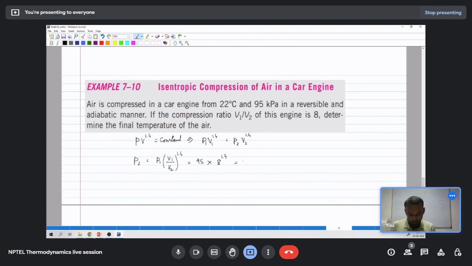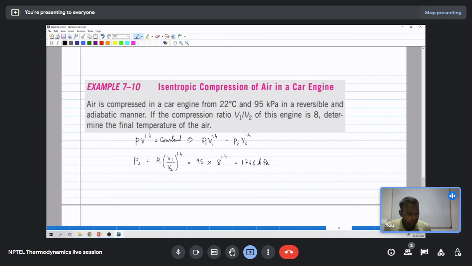So that is 1746 kilopascal. Now we have to calculate the final temperature.